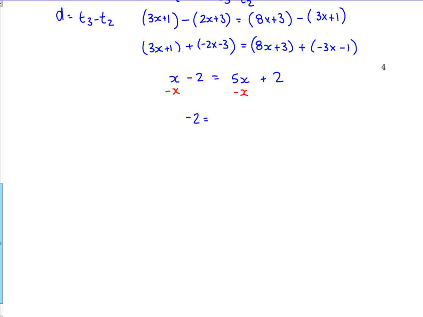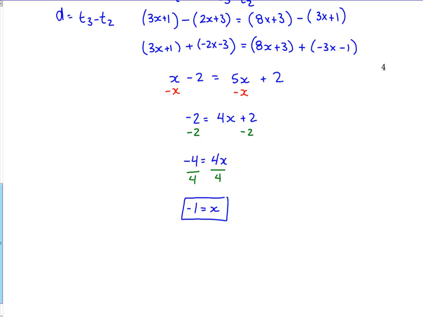Which is 4x plus 2, and then we're going to move the 2 over, so subtract 2. And then divide by 4, which gives us negative 1.